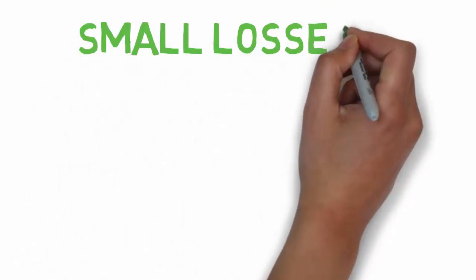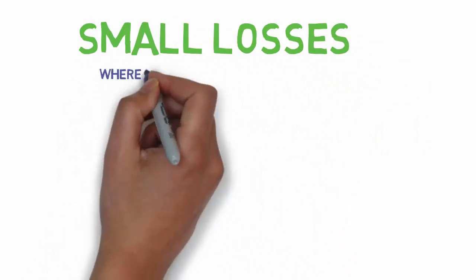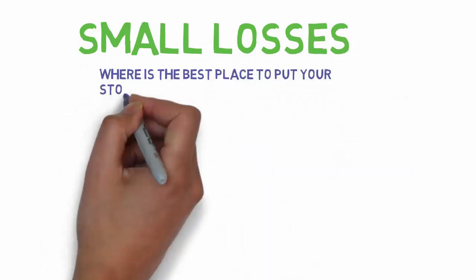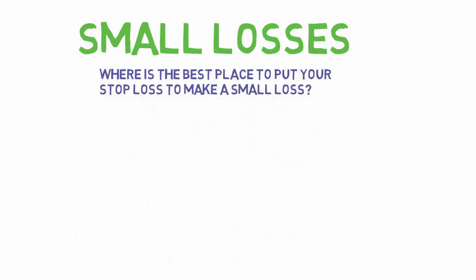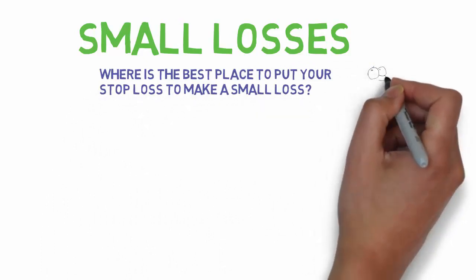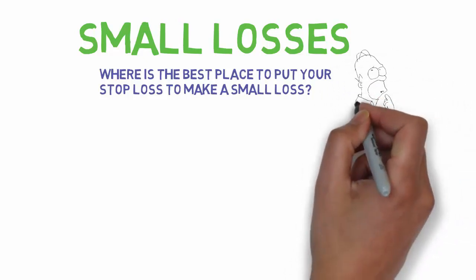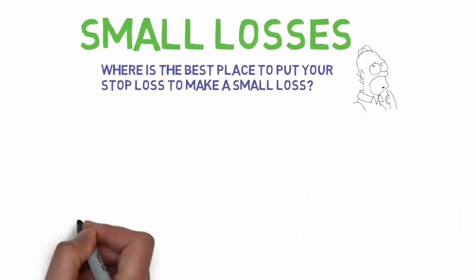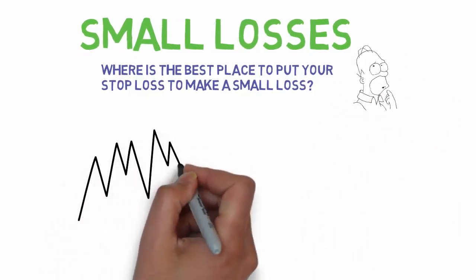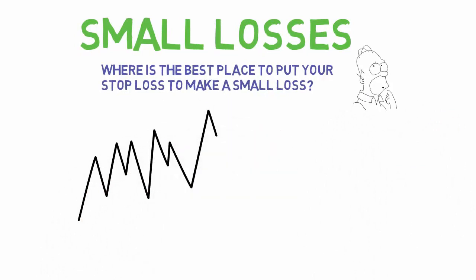Small losses. Where is the best place to put your stop loss to make a small loss? This could be useful. Obviously below where the market bottoms out to buy.